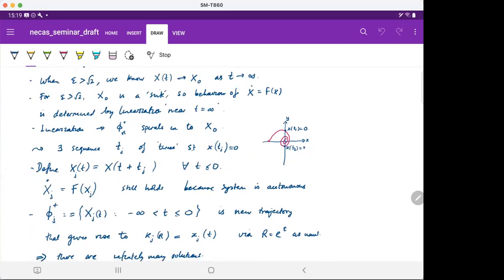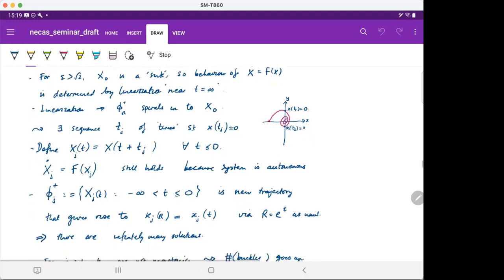So you can define a new solution, which I've done here, x subscript j. It's the same as the original one, but just shifted by t_j. And because the system is autonomous, we recover a solution. It's still a solution. But now we have a new trajectory, and that gives rise to a new solution k_j of r, let's say, which is just x_j of t via the same transformation as before. So there are as many solutions as there are crossings of the y-axis.